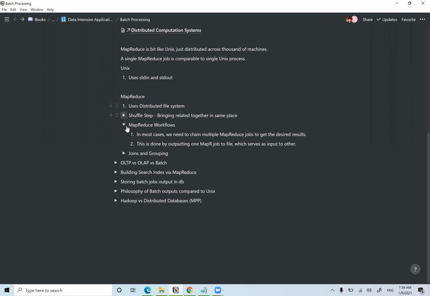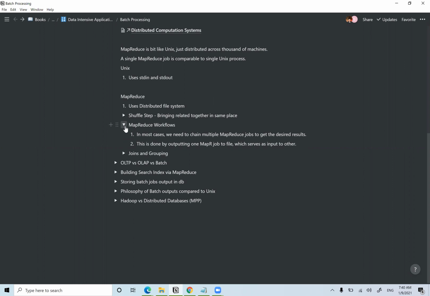So similarly in MapReduce, you generally would see that you would have to write workflows where you're writing one MapReduce job, and that MapReduce job is being used as an input of another MapReduce job, right? And at least in my organization, there are various tools to build those workflows. There could be this scenario that you write two MapReduce jobs, and the output of those two jobs serves as the input of another.